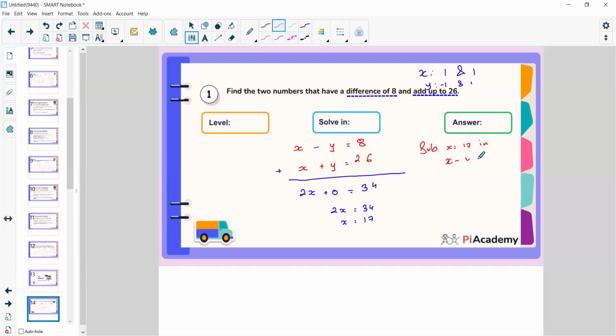X minus y equals 8. So 17 minus y equals 8. So what is the value of y? It is 17 take away 8. Value of y is 9. Hence, what are my two numbers? My two numbers are 17 and 9.